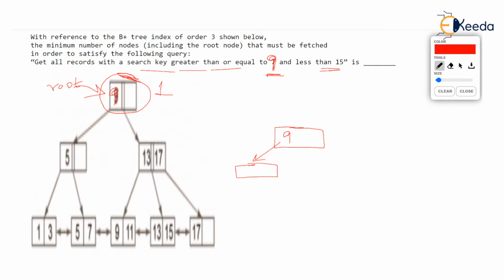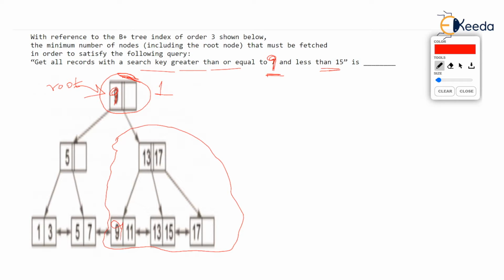Now we took the rule as if value is repeated, then it should go to the left of the value. But in this question, they have said that if 9 has to be stored again, then 9 should be stored to the right of 9. No problem. You can see that 9, observe, 9 is actually in the right subtree, isn't it? Check the 9 here. 9 is stored in the right subtree. So surely if 9 is repeated, it is stored to the right of 9.